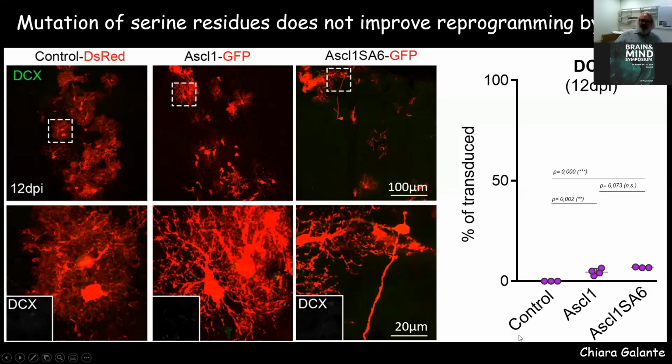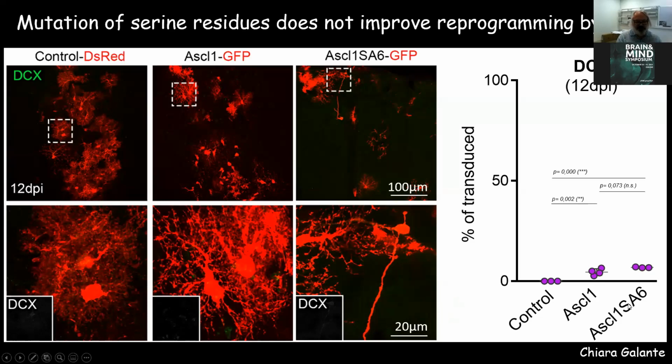So when we expressed wild type or this mutant, we hardly found any change in the levels of doublecortin positive cells. So this suggests that, in fact, ASCL1, at least alone, is not capable, even in its more neurogenic variant, to convert the glial cells into neurons.